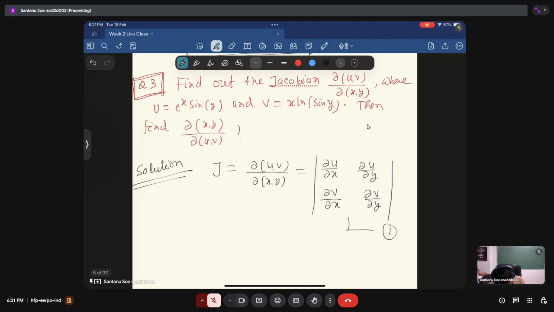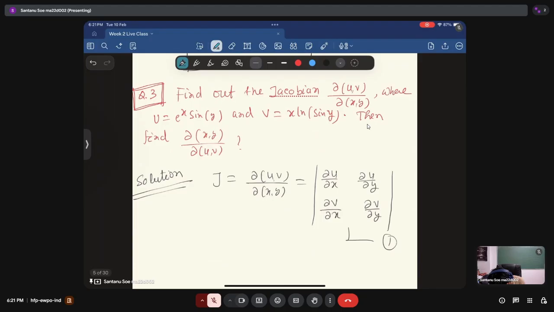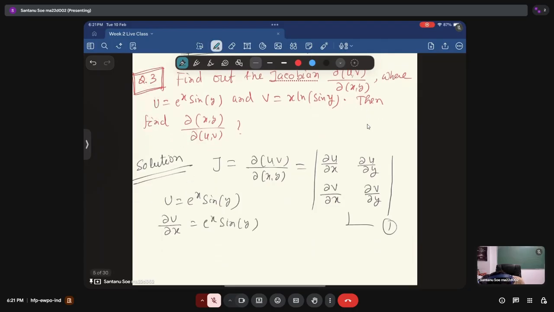So now we have to find out all the partial derivatives, and since u is e to the power x sin y, del u del x will be same as u, which is e to the power x sin y, and del u del y will be e to the power x cos y.